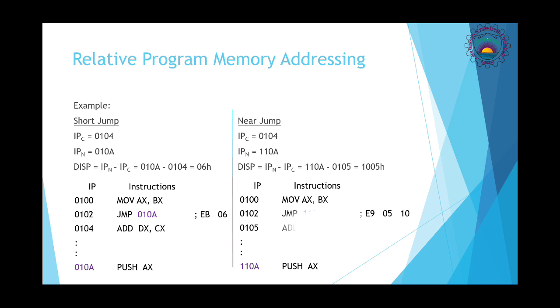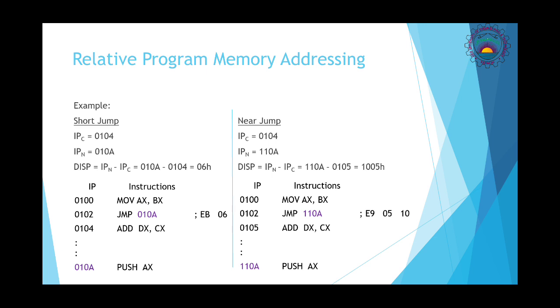Now we are having an example for near jump. Program is the same, but we have changed the new IP value, that is now jump has to be performed to address 110A. In case of short jump, jump instruction was jump 010A, but in case of near jump, we have changed that destination address for jump, and now jump instruction is having 110A as new IP value.